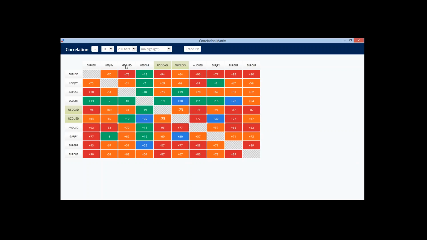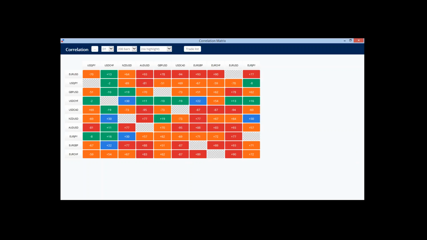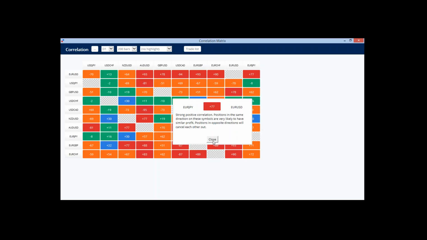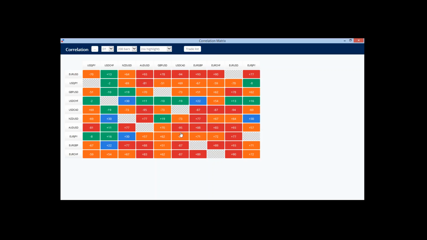Now, how does that work out with the pound yen? Let's take a look here. Pound yen is not actually here, so I would have to use the euro yen as an example. Euro yen and euro dollar. There it is. Strong positive correlation.